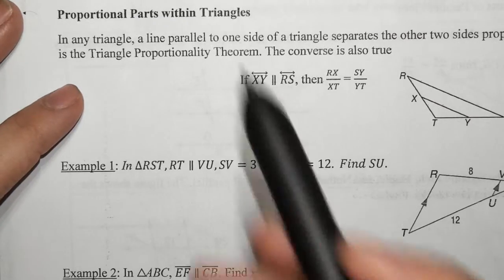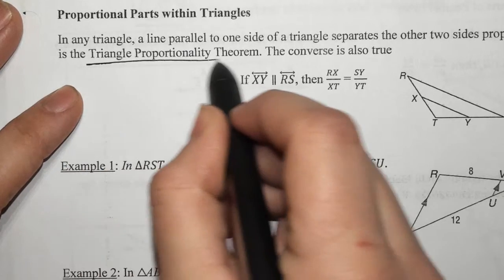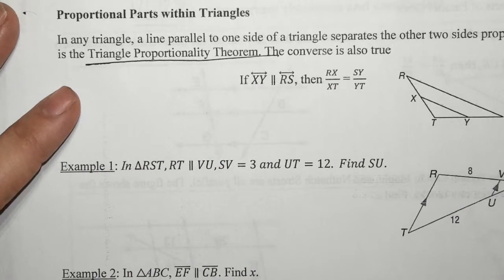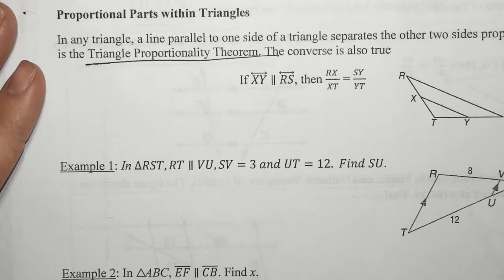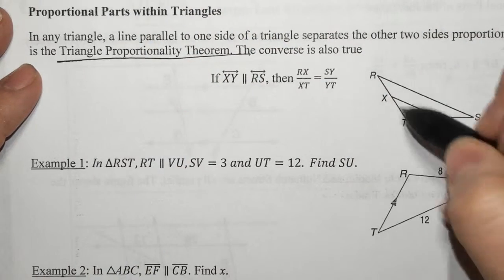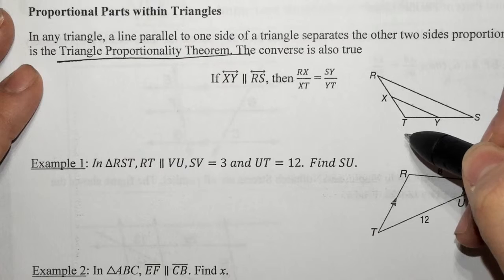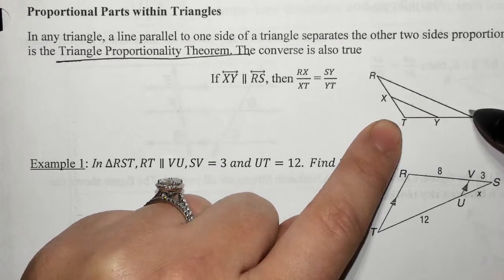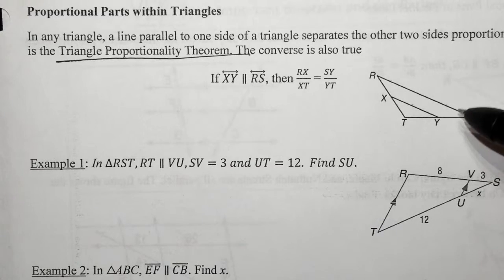So here is your first theorem. It's called the triangle proportionality theorem. Let me just explain this, and then we're going to write it in our own words. You have 2 triangles right here. You have triangle XTY, and you have triangle RTS. Do you see the 2 separate triangles?